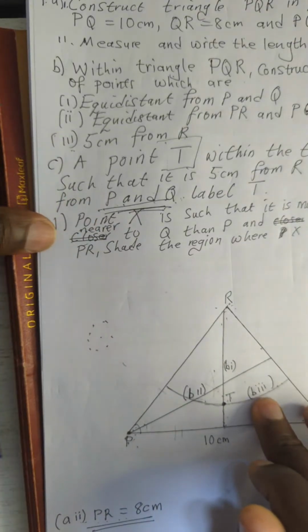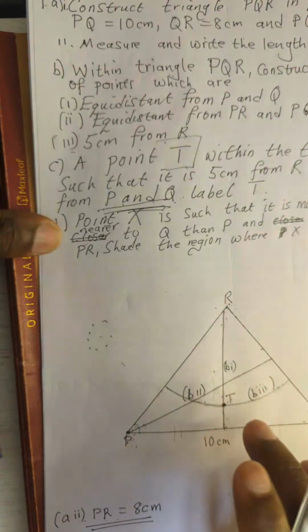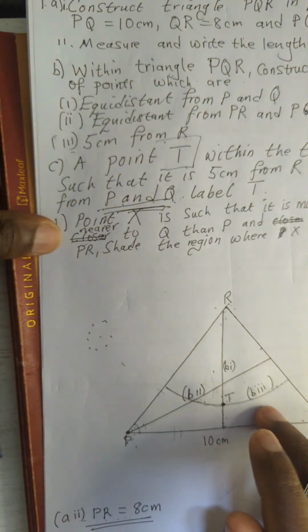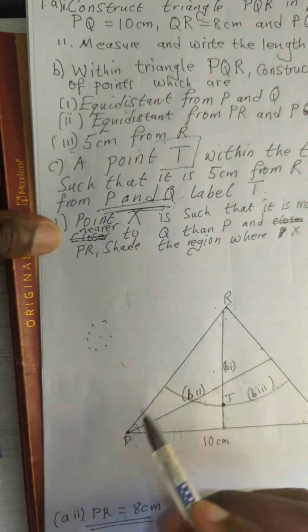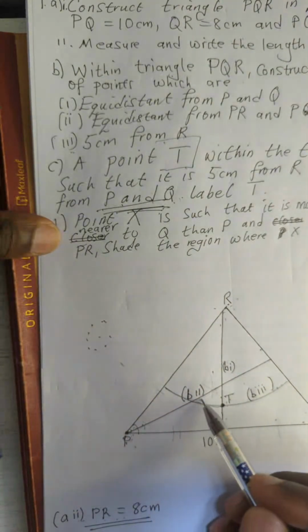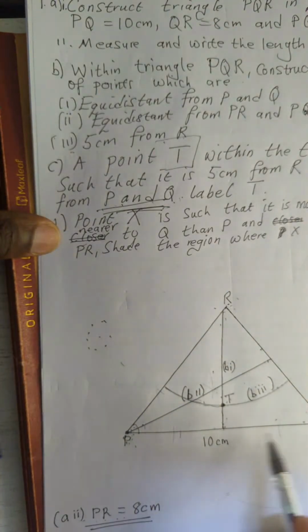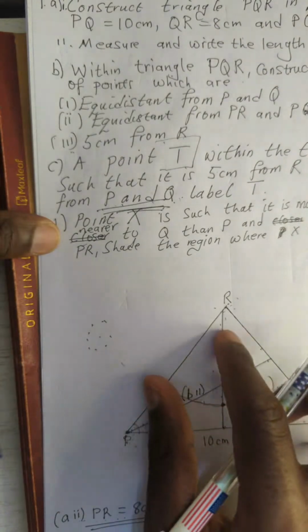And nearer to PQ than PR. So again, it is nearer to PQ than PR. So PQ and PR, the dividing line is this one. They are saying it should be nearer to PQ, meaning this side, than this side.